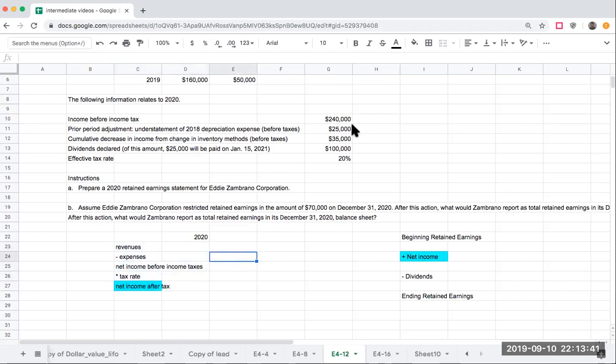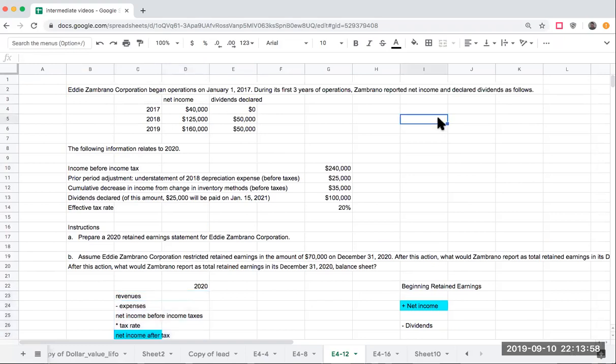So if there were errors or mistakes in prior periods, we can't adjust the current period numbers, because that would not make them comparable with other years. Instead, when we look at our beginning retained earnings, we make what we call prior period adjustments. So let's take it over here.